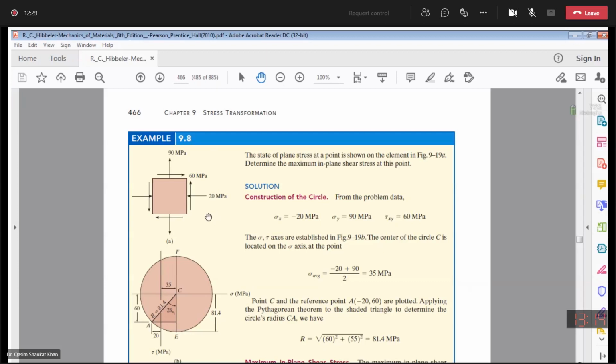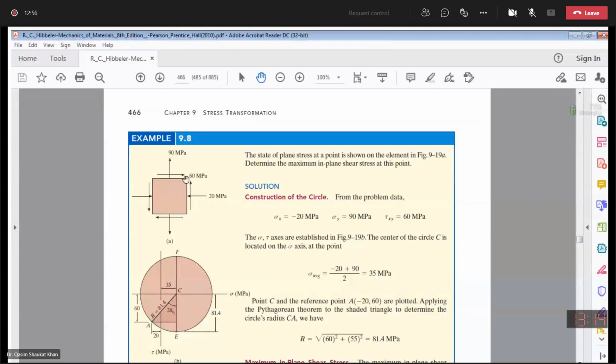So let's start. The data is that you have a normal stress sigma y of 90 megapascals, pointing towards the positive y-axis, so it is positive. Then you have normal stress sigma x, directed towards the negative x-axis, so it is minus 20 megapascals.